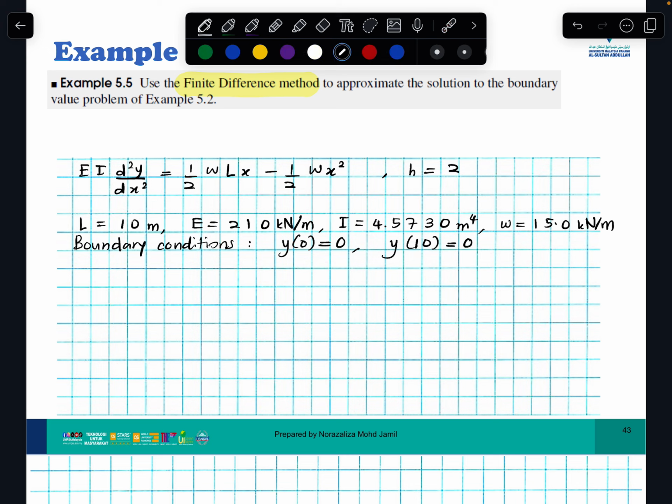To solve this, we have to substitute the parameter values inside the equation.